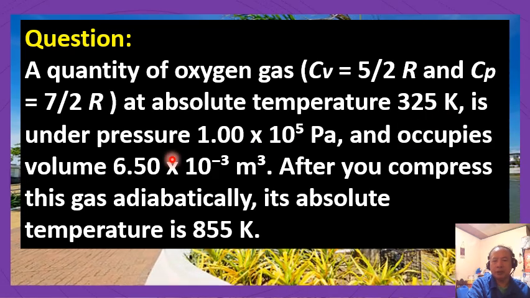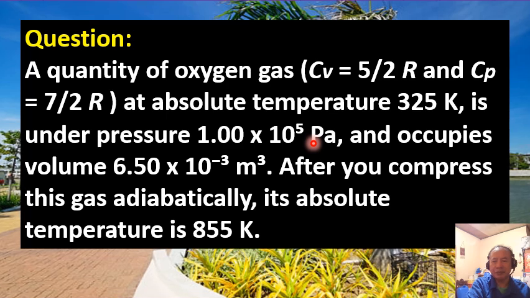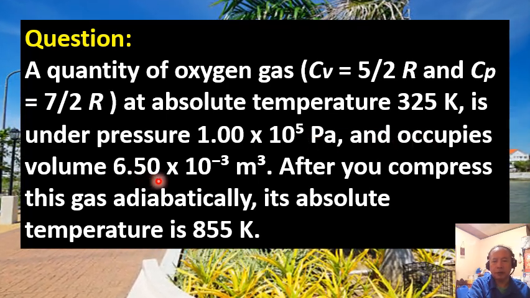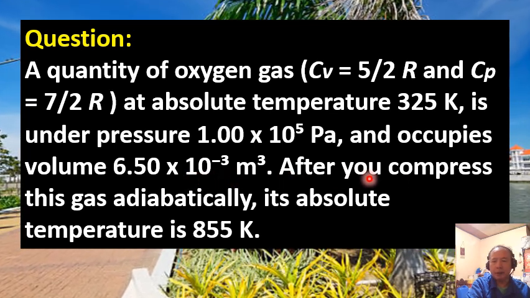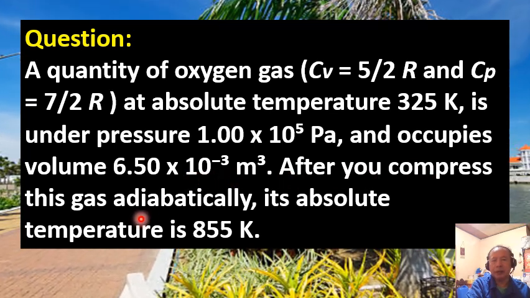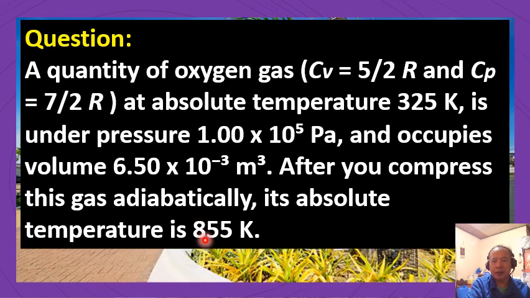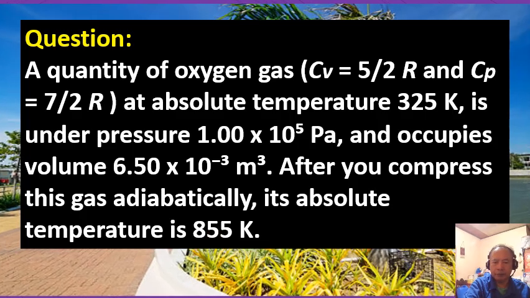It is under pressure 1.00 × 10^5 Pascal and occupies a volume 6.50 × 10^-3 cubic meters. After you compress this gas adiabatically, its absolute temperature is 855 Kelvin.